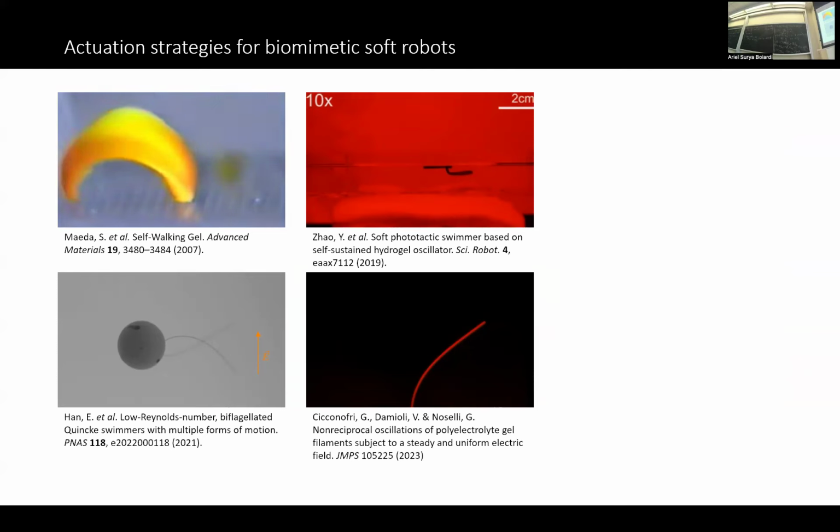For example, here is a hydrogel filled with chemical solutions which undergo a cyclic chemical reaction, so the pH changes periodically, and so the hydrogel responds periodically. So with no external stimulus, this can change shape periodically and walk.